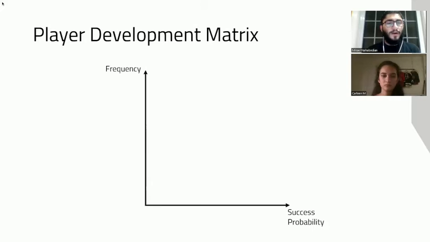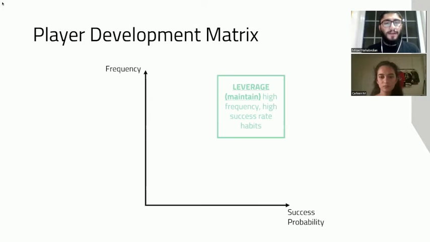And on the y-axis, we had the frequency, which is basically the number of events in which a player gets the opportunity to display a certain habit.